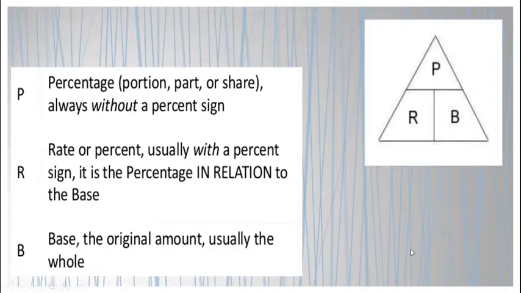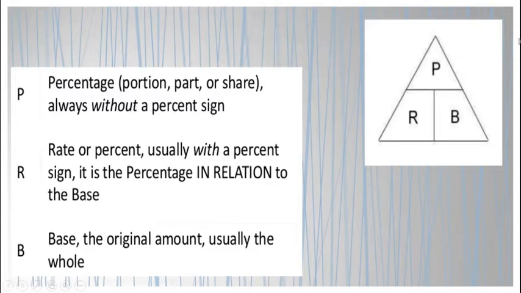As you can see here at your right side, we have a rectangular shape divided into three parts. We have at the top the percentage, and below it we have the rate and base.